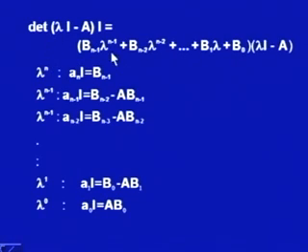So, let us equate terms related to lambda raised to power n and its various powers. If I compare coefficients of lambda^n, on the left hand side it is a_n I, and on the right hand side it is B_(n-1) multiplied by lambda I, so this becomes lambda raised to power n. On the left hand side I have a_n I, the coefficient of lambda^n in the characteristic equation, and on the right hand side we have B_(n-1).